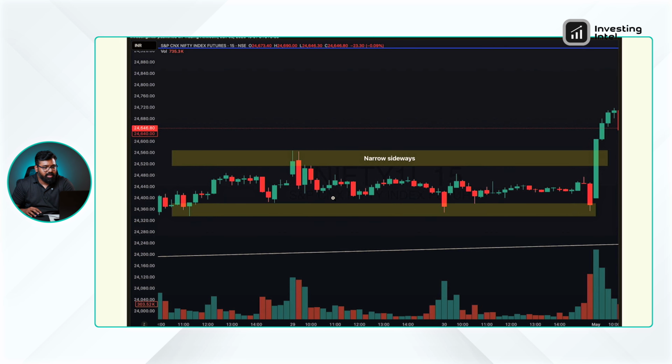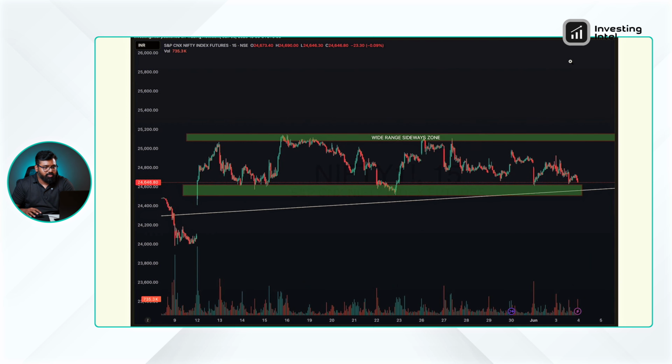It is highly volatile, and most traders lose their money in the narrow sideways zone, because nobody has taught them that there is also a phase in the market, the narrow sideways zone, where it is not tradable. It is very volatile, and many traders hit their stop losses, lose money, and erode their capital in such phases. So you need to understand these two phases of the sideways zone.